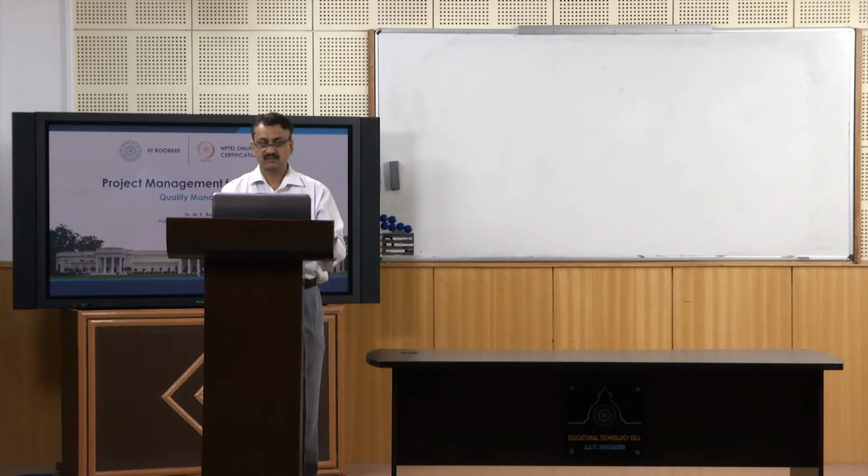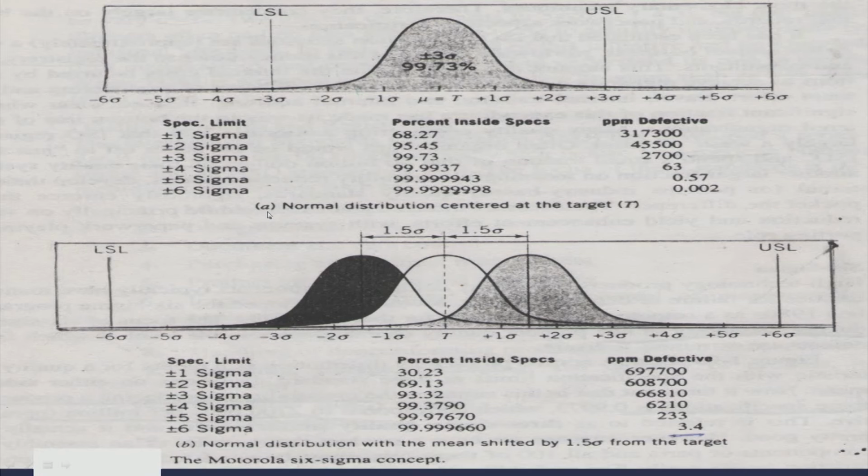Now, look at these two pictures. This is A, a normal distribution centered at target. This is your distribution and this is your mean. You have plus 1 sigma, plus 2 sigma, plus 3 sigma, similarly on this side also.